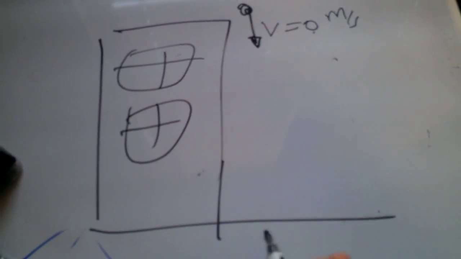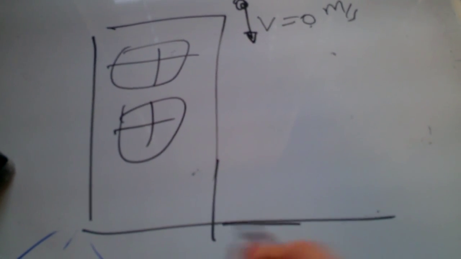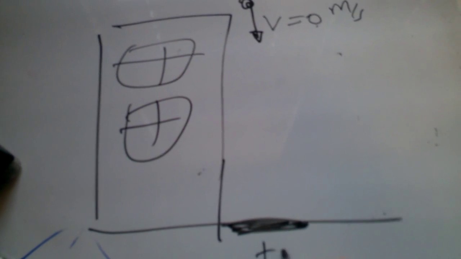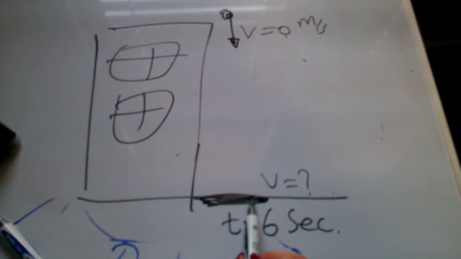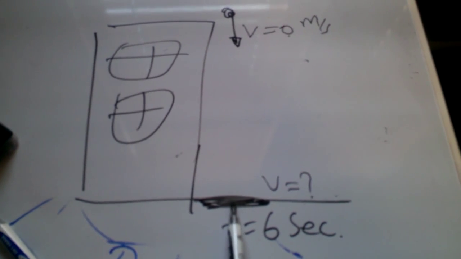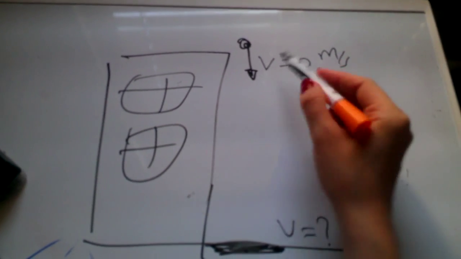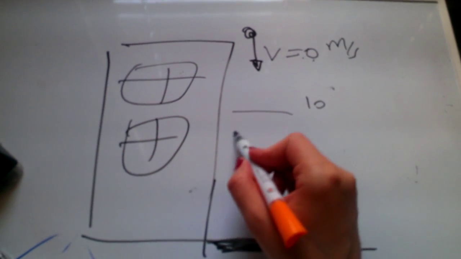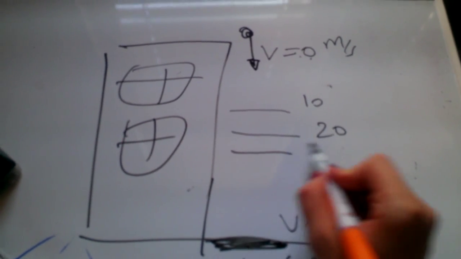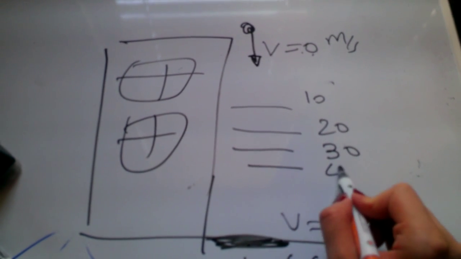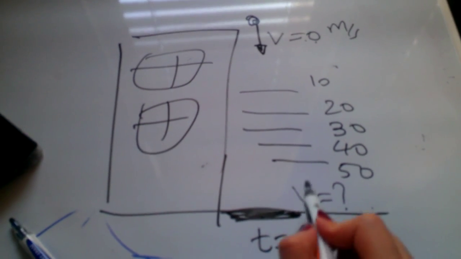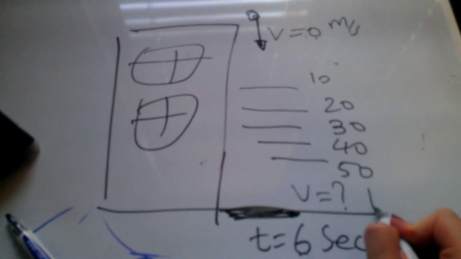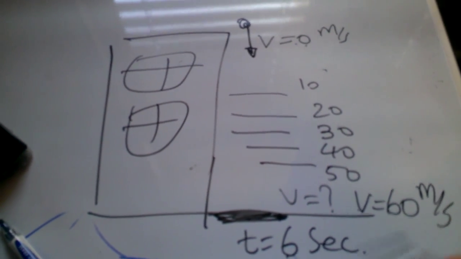And let's suppose that it reaches the ground after 6 seconds. Now I ask you, what is the velocity when it hits the ground? 0 after 1 second becomes 10, after another second 20, another second 30, another second 40, another second 50, and I told you 6 seconds. So when it hits the ground after 6 seconds, the velocity becomes 60 meters per second.